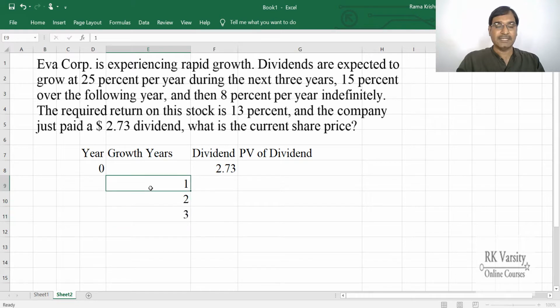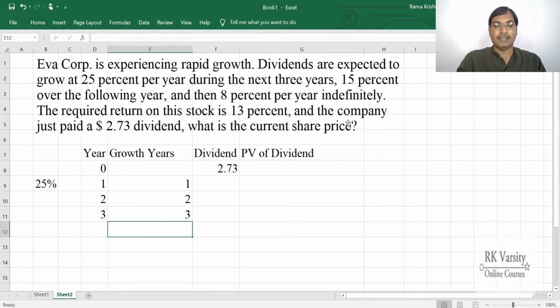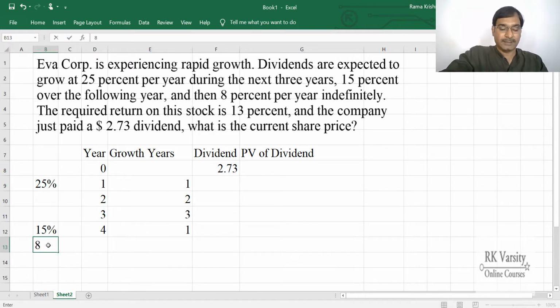For these 3 years, the dividend will grow at 25%, and then 15% over the following year. So in 1 year the dividend will grow at 15%, and then 8% per year indefinitely. The constant growth rate is 8%.